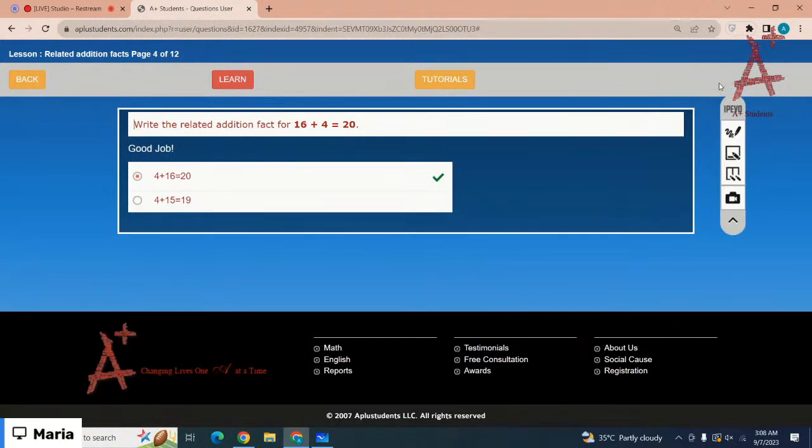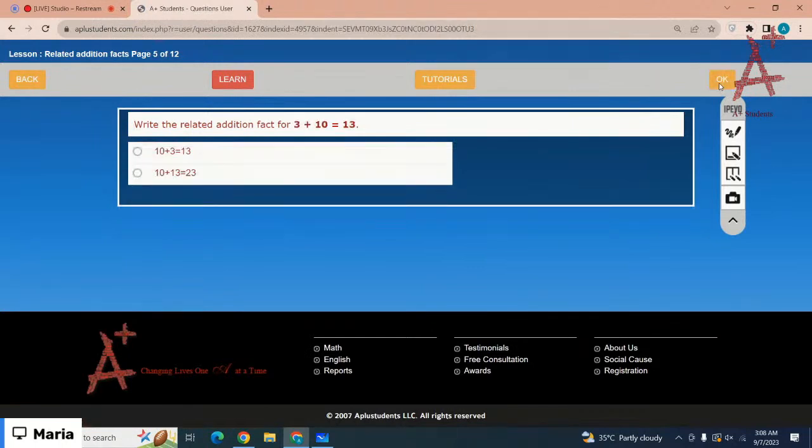Okay, the next one is write the related addition fact for 3 plus 10 equals 13. So which is the correct option? Option 1 or option 2?